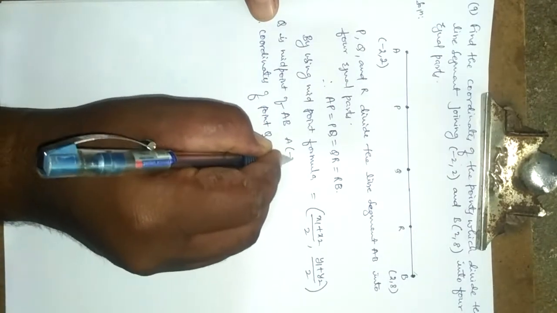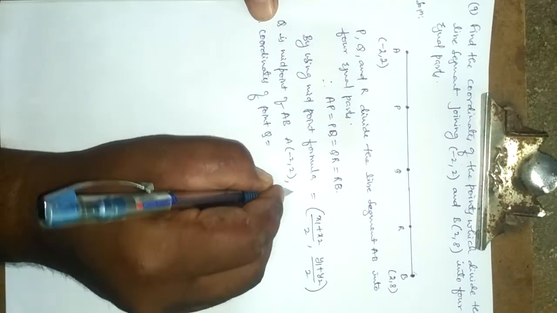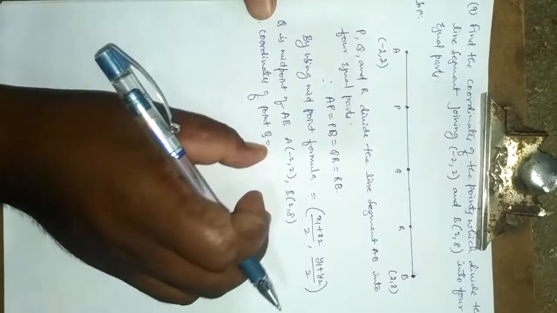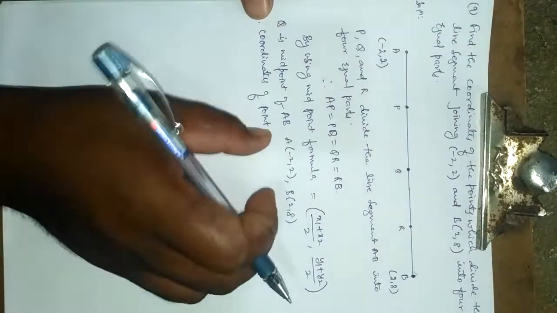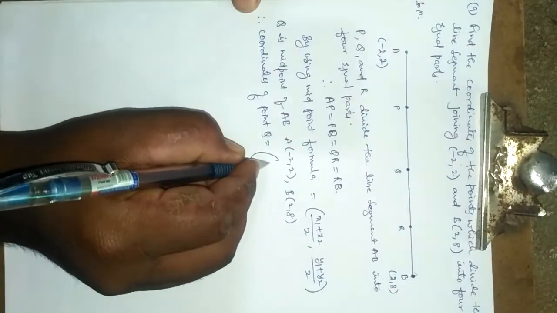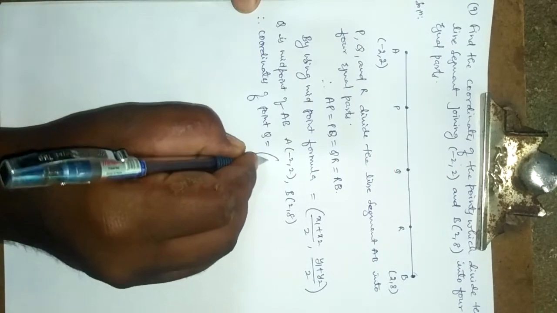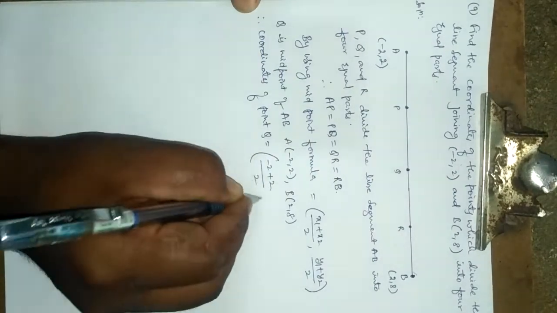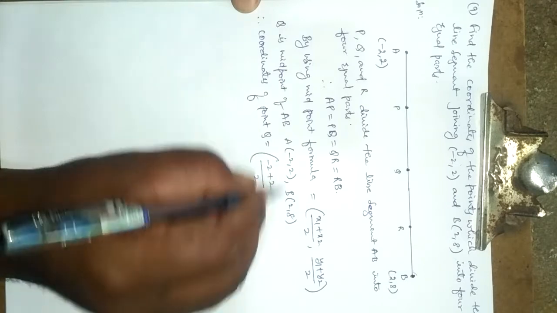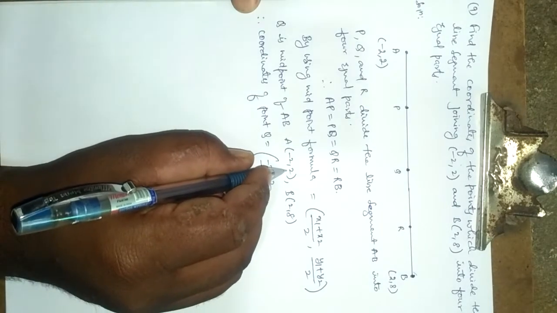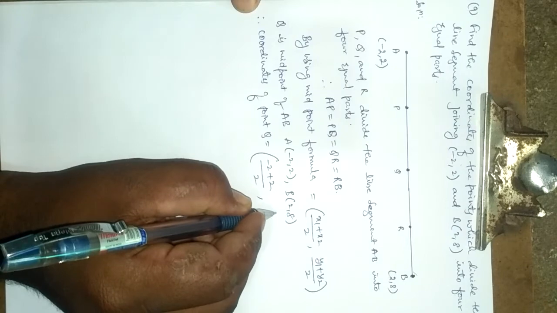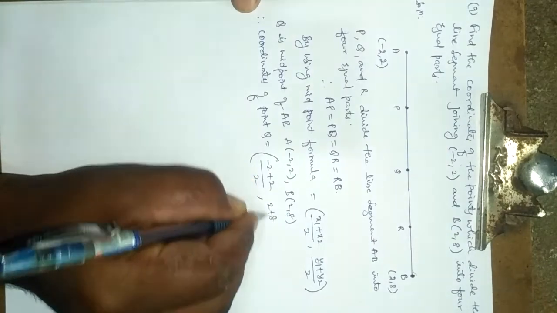A coordinates are (-2, 2). B coordinates are (2, 8). By using these two coordinates, you have to find the midpoint of AB. For that, x1 plus x2 by 2: x1 is -2 plus 2 divided by 2. y1 is 2, y2 is 8, so y1 plus y2 means 2 plus 8 divided by 2.